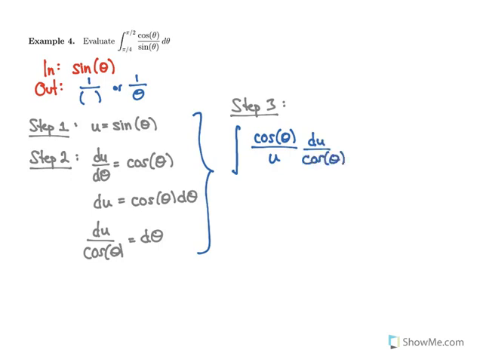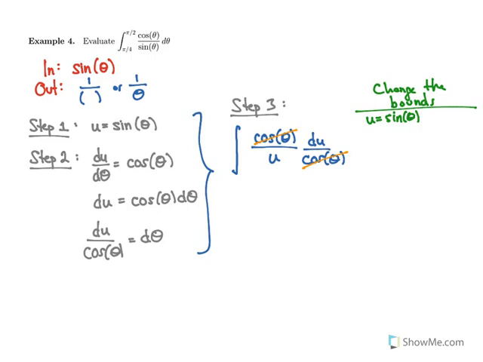We can cancel out those cosine of thetas, and we're going to have to change the bounds in terms of u. So again, the way that we do that is we're going to use the formula that u is equal to sine of theta.